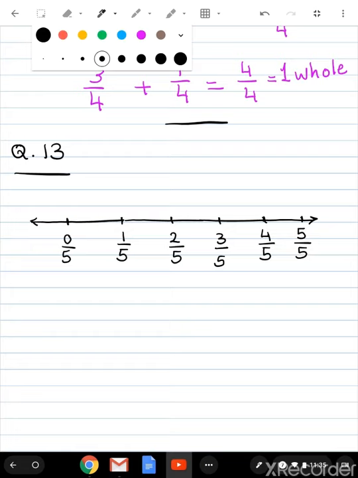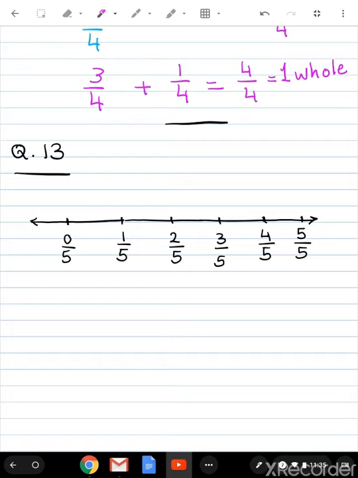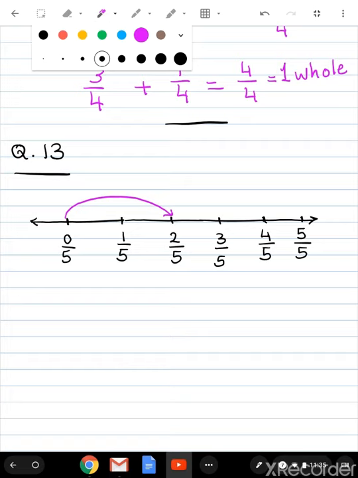The first part we will add. I will show it by this arrow. The second part.